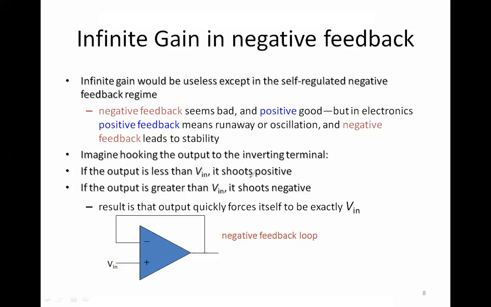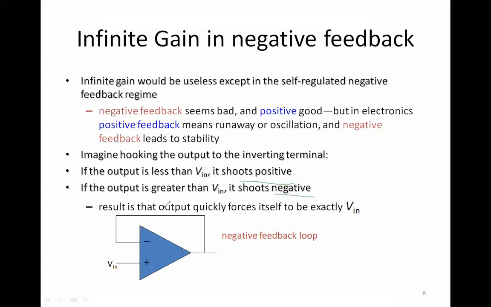So if it inverts, then it will be positive. If the output is greater than Vin, whatever output you are giving here, if it is greater than the input voltage, then it shoots to negative, right? Just like the previous one we saw.